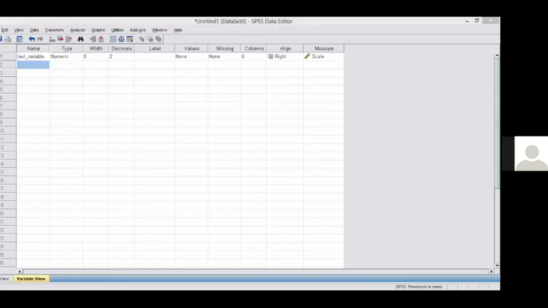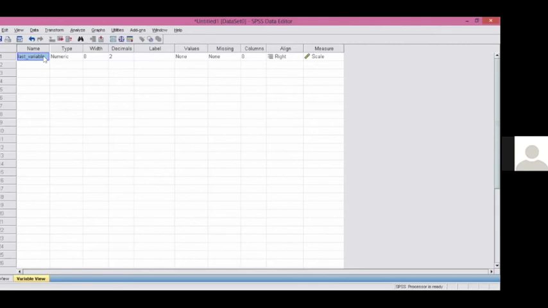These are the two variables, last year and this year. After that, come back to Data View.